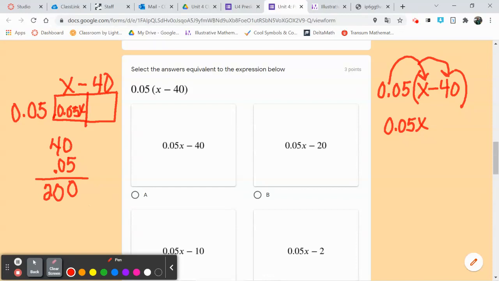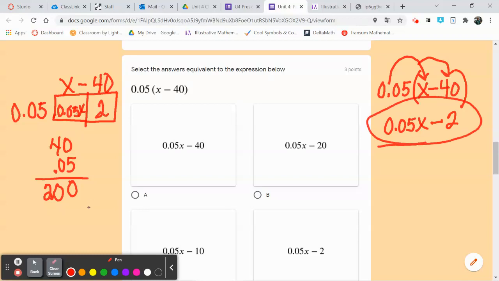You really don't need to do your zeros up. You could if you want. But you could also just go down here and put this answer there. Either or is going to give you the same thing. 0.05 times 40 gives you 2, minus 2. Here you get 2. So that is your answer right here.